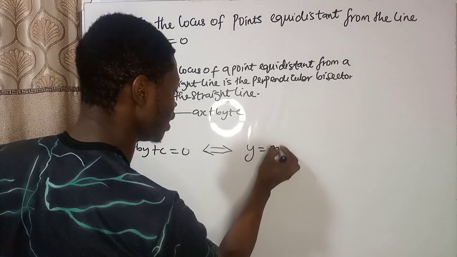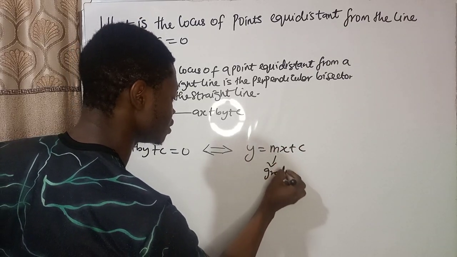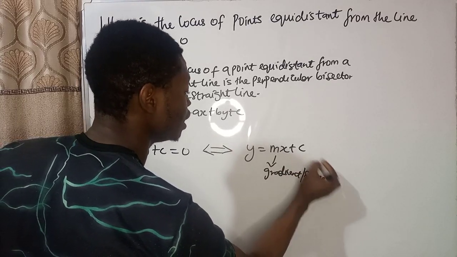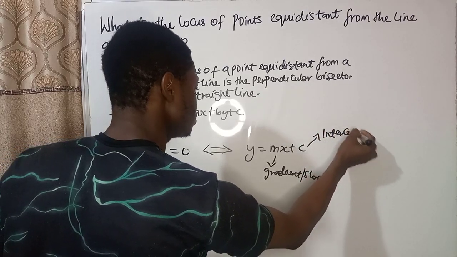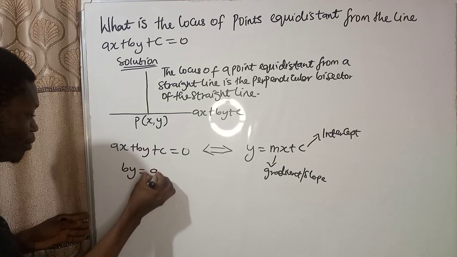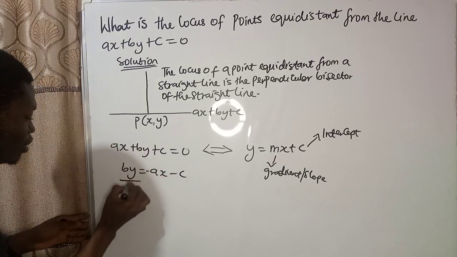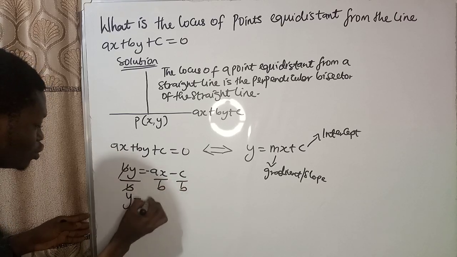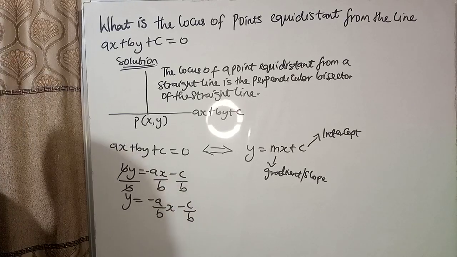y equals mx plus c, where m is the gradient or slope, then c is the intercept. So let's do it. So our by will be minus ax minus c. So when we divide both sides by b, our y equals minus a over b x minus c all over b.